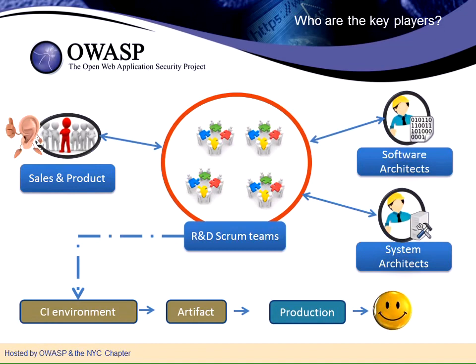From time to time, you need to establish a new API or new connection or interaction between the different subsystems. And for this, you will need guidance and assistance from the software architect and from the system architect.